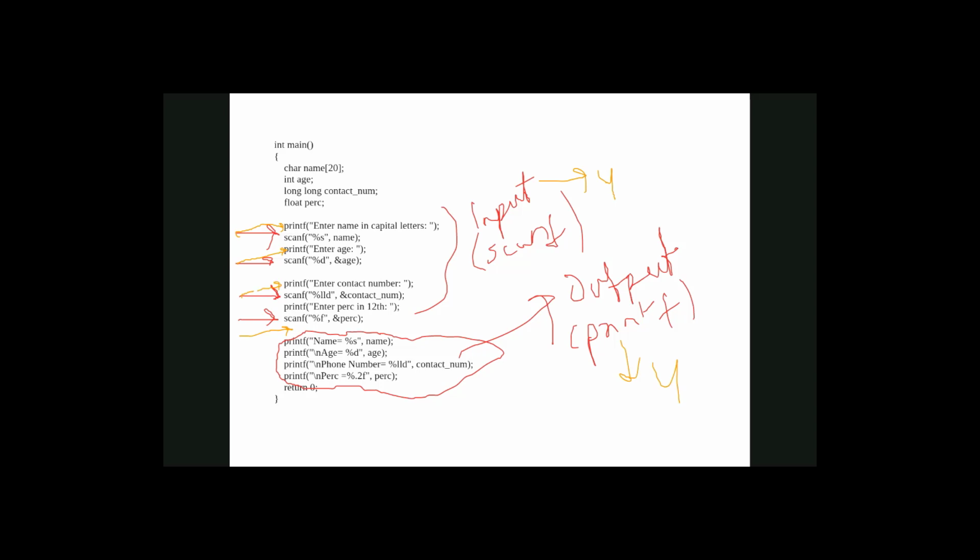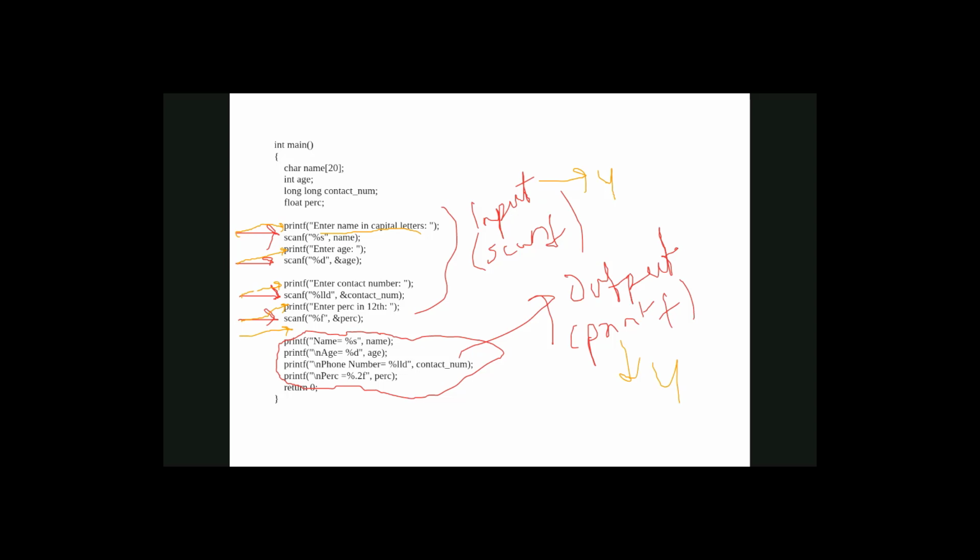I am highlighting this because if this is printed, enter name in capital letters, then only you will provide the name. Clear to everyone? If something is printed on your computer screen, then only you will know you have to give this input.